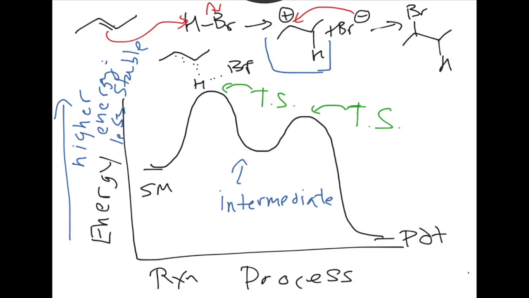I'm starting to form the carbon-hydrogen single bond, and I'm starting to break the hydrogen-bromine single bond. So I have these partially formed bonds. Now, we can't see transition states, but they make sense, right? They're the thing that has to be between the two things we can see.